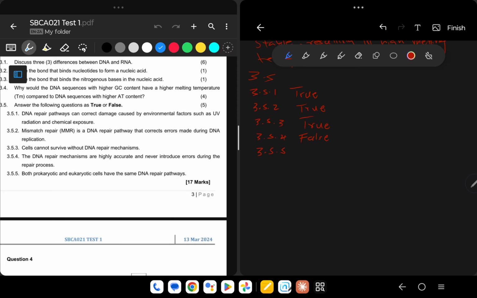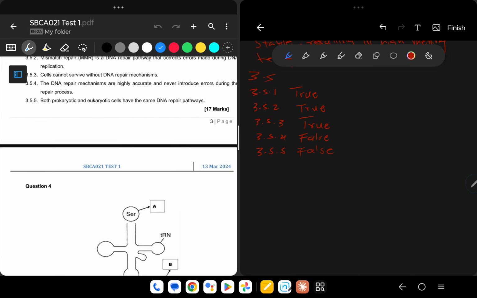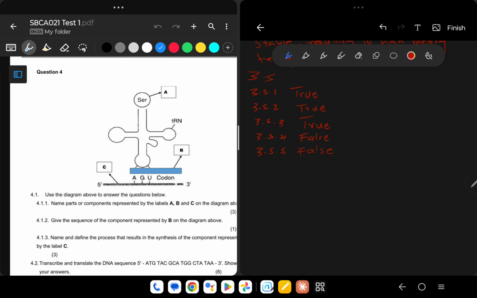Reason being, the mechanism is the same, but the pathways differ in terms of complexity and also in terms of the proteins that are involved. So they cannot be the same. So that is false.